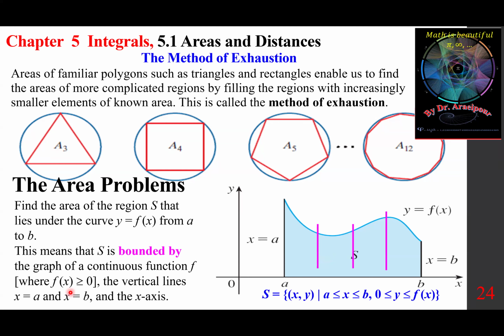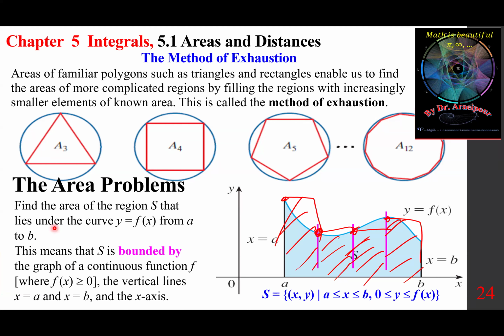Then here's what happens. I can use any side. For example, if I use the left end points, this would be the area for the first one, this is for the second one, this is for the third one, this is for the fourth one.